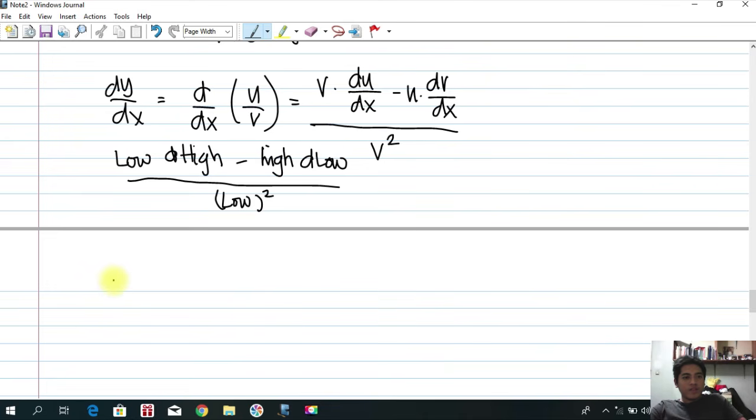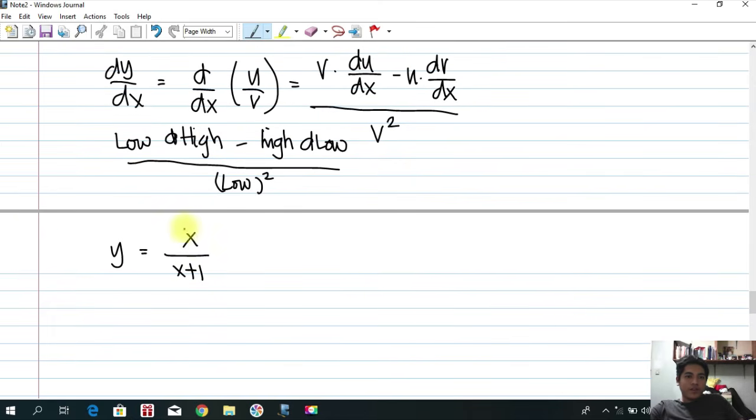So let's try some problems. For example, we have y is equal to x over x plus 1. It is obvious that our u here is the x and our v here is the denominator, which is x plus 1. In order to get the derivative of our function, we are going to apply this formula.